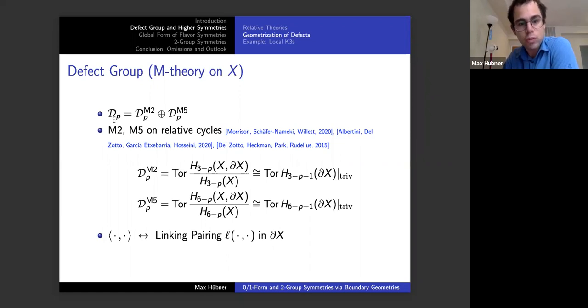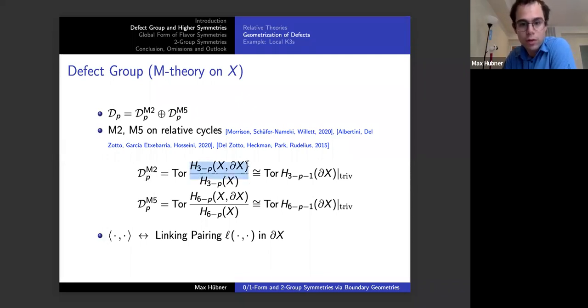And p-dimensional probes now split into two contributions, depending on whether they were constructed using M2 branes or M5 branes. And the way to construct these probes is by wrapping M2 and M5 branes on relative cycles, or equivalently non-compact cycles. And with this method, we get the following characterization of these two contributions to the defect group.